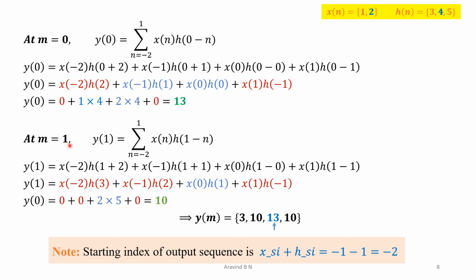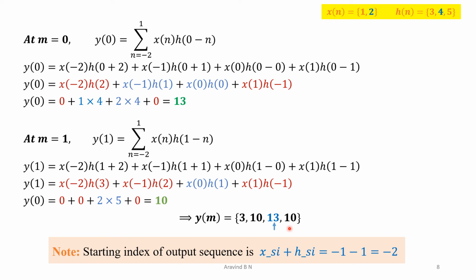At m is equal to 1, we are going to get the answer as 10. So, as per the procedure, we need to calculate 4 values with respect to the output. That is, the output sequence length is equal to 4. Therefore, the range starting from minus 2 ending with 1 we have taken. So, that value we have calculated. Therefore, final y of m is represented by y of m is equal to 3, 10, 13 and 10.